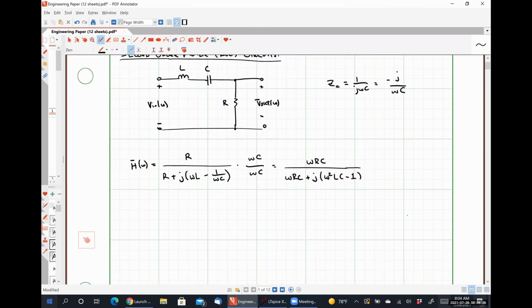So now what I'm going to do is split this out into its real and imaginary components. I'm going to do that by multiplying this function by the complex conjugate of the denominator over the complex conjugate of the denominator.